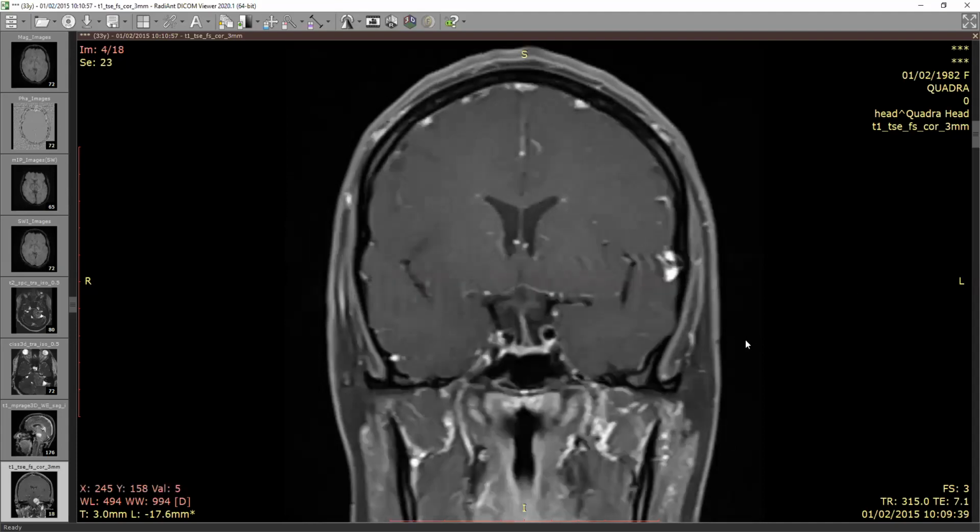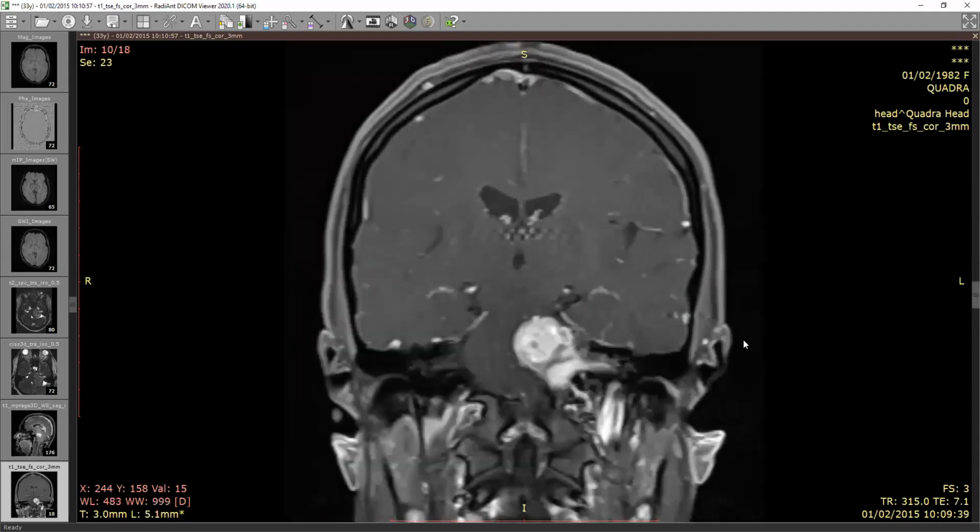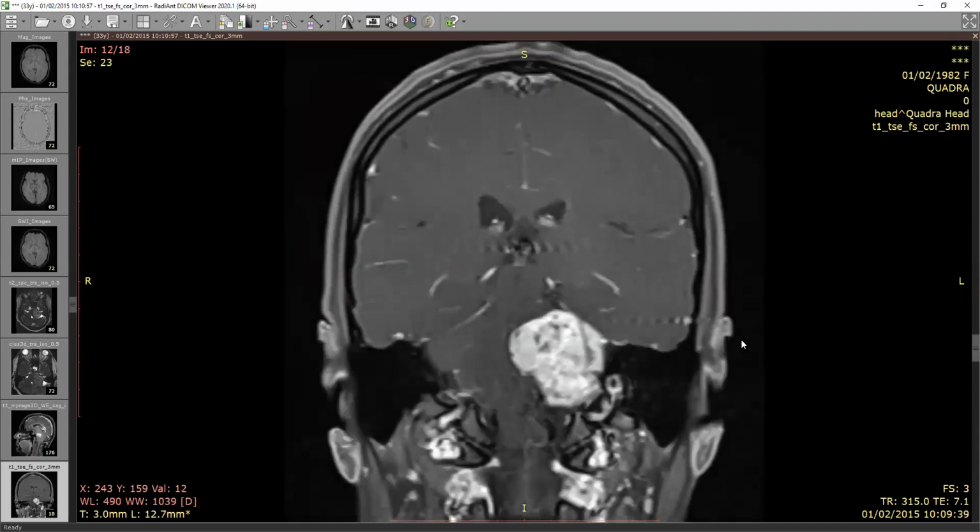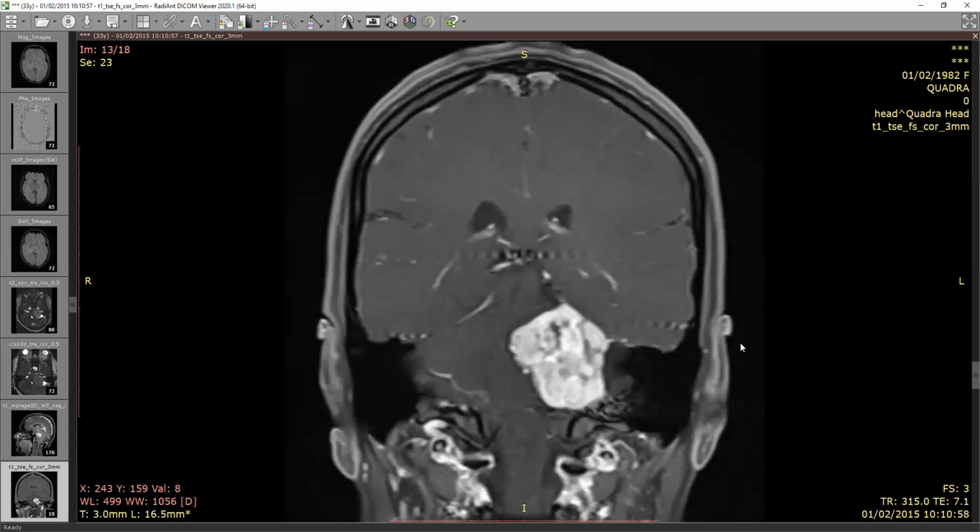So a gadolinium post contrast image is a T1 weighted image. On contrast, we know that the moment we use gadolinium in a patient with vestibular schwannoma, there is hyperintensity.